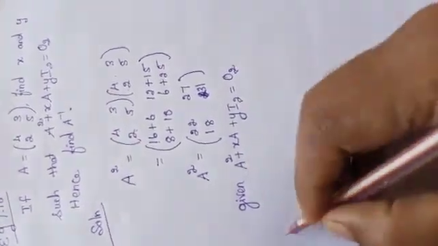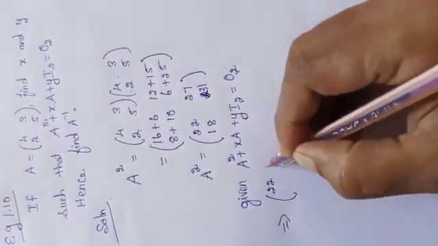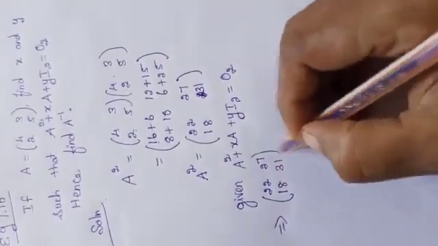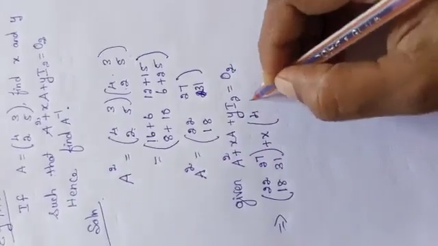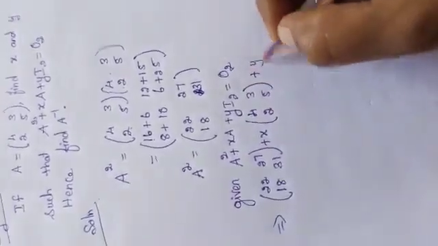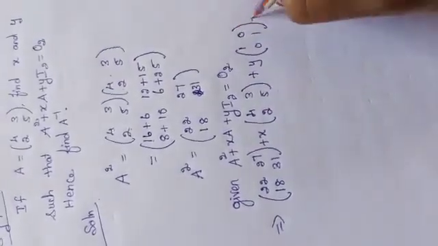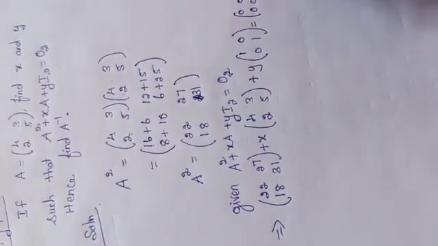Shall we substitute the known values, which implies A square 22, 27, 18, 31 plus X into A, the value of A 4, 3, 2, 5, plus Y into I2 1, 0, 0, 1, equal to, we know that, 0, 0, 0, 0.